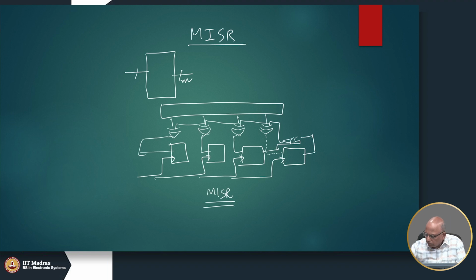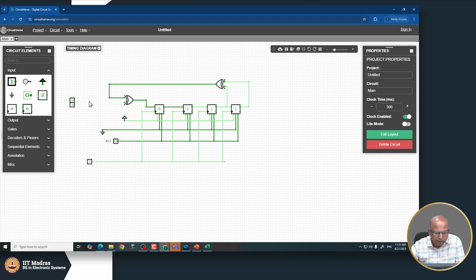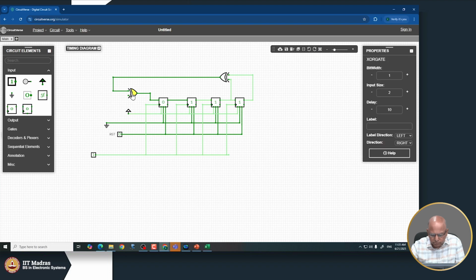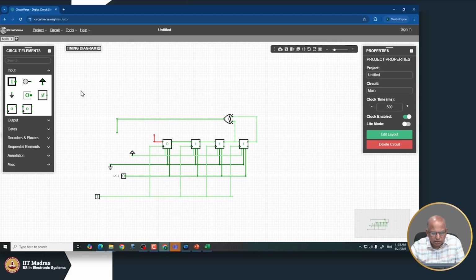Okay, so I think I will illustrate this in our circuit simulator so that it is clear to you. So this is a single input signature register. Okay, so we'll modify it a little bit. We'll remove this AND gate and these two guys. So I have taken the XOR of the last two inputs, and here is my circuit under test.